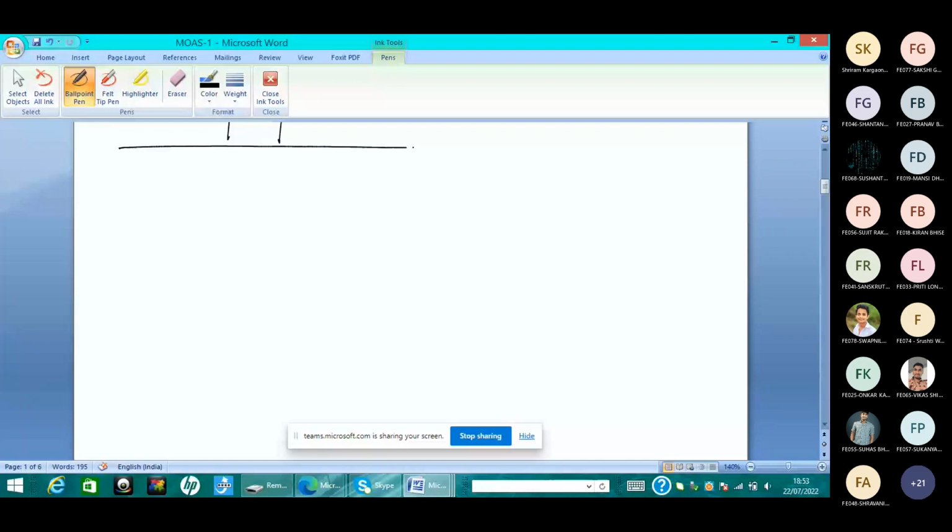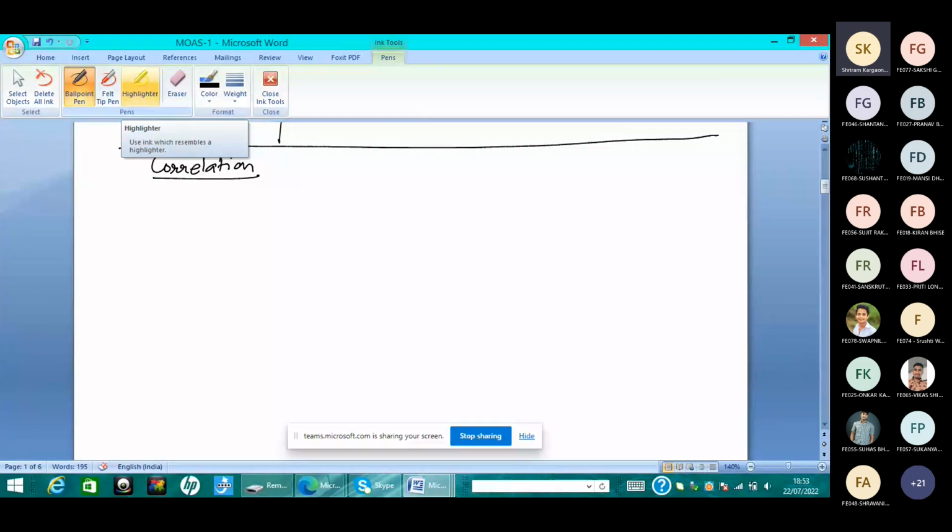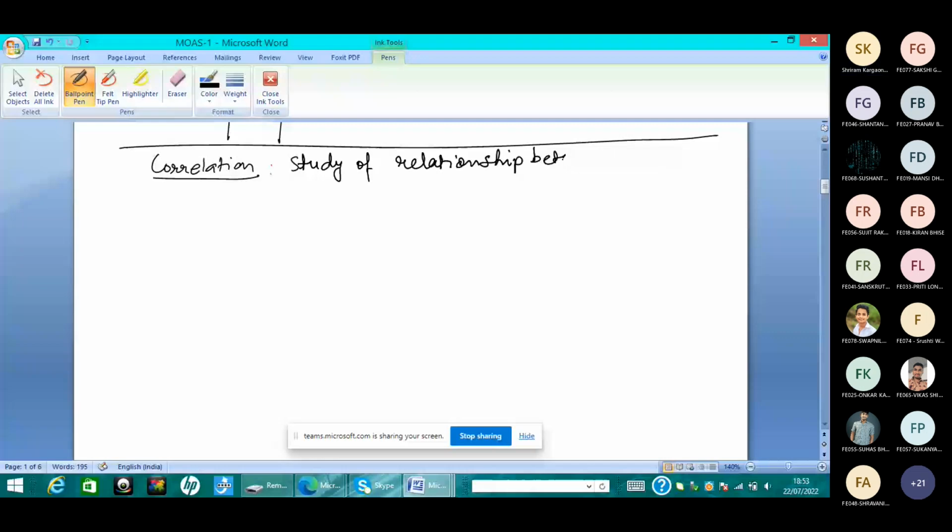That is correlation. What is correlation now? Correlation is nothing but the study of relationship between two or more variables.